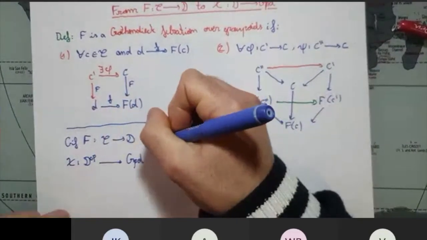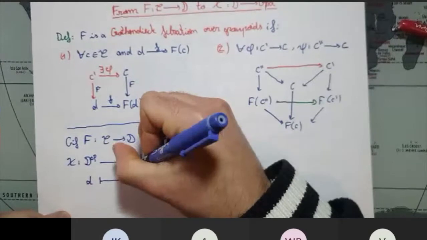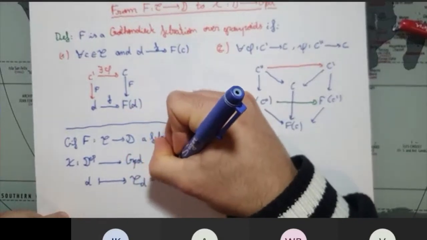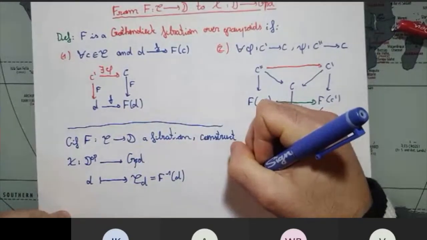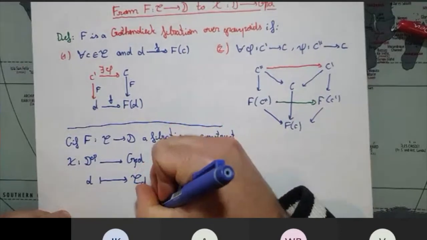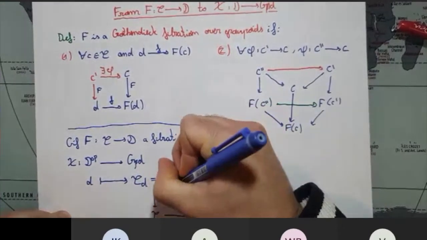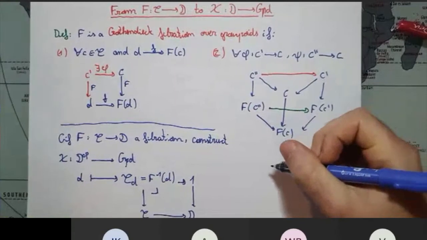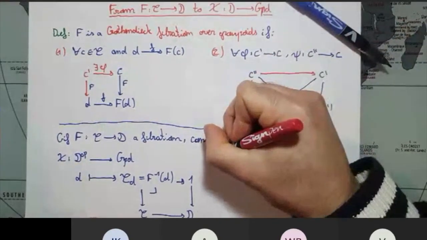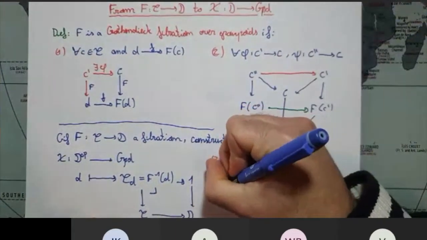So objects map to the fibers, so by this I mean these fibers, and then this condition 2 implies that this is in fact a groupoid.